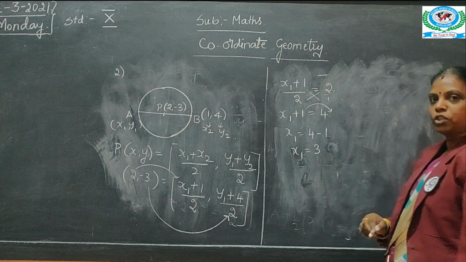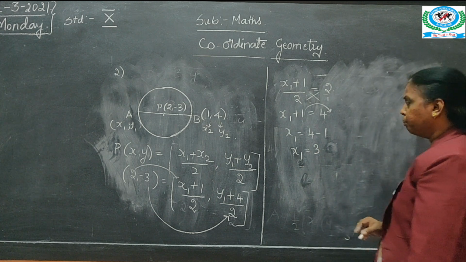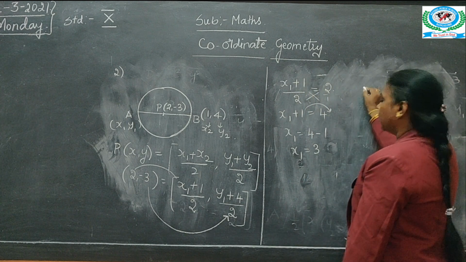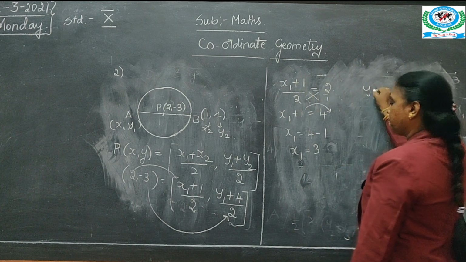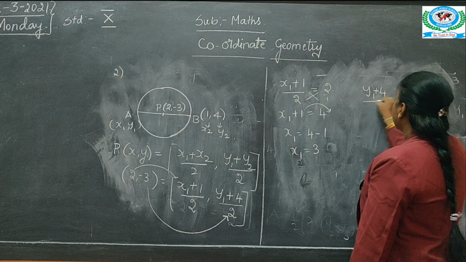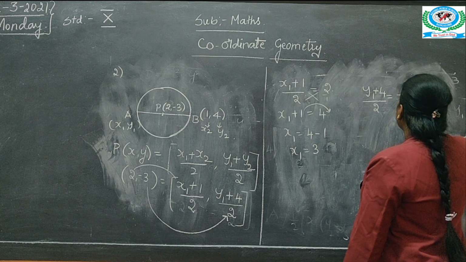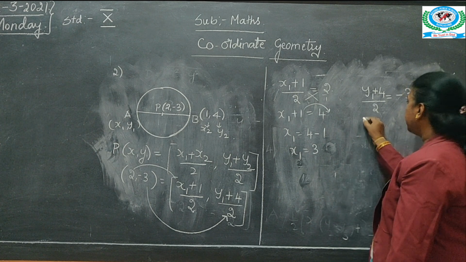Next, you should find the point for y. Equate this particular equation to minus 3. So (y1 plus 4) divided by 2 should be equal to minus 3. Cross multiply.